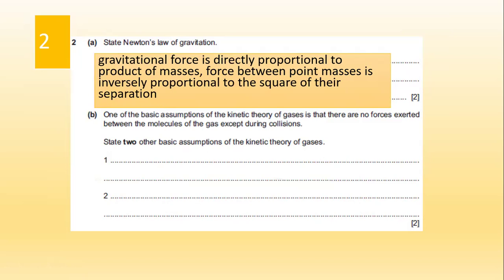What is the point mass? Be a bit louder. Is it like the center of gravity? No. In order to be a point mass, the size of the body must be very much less than the separation.